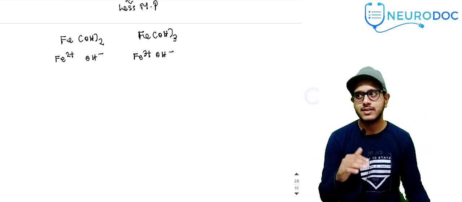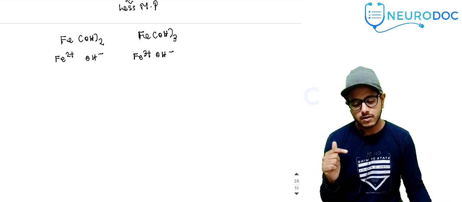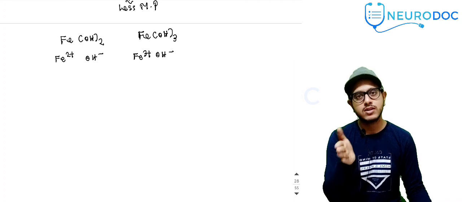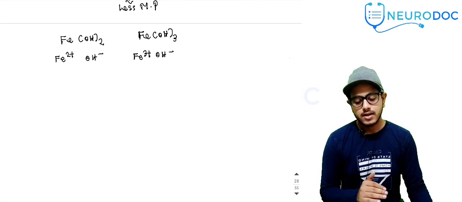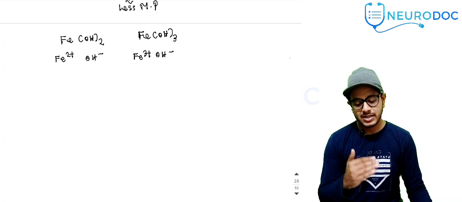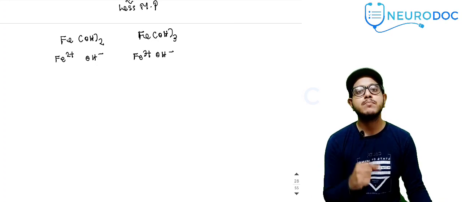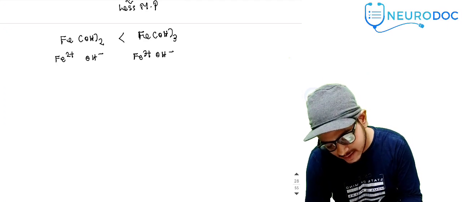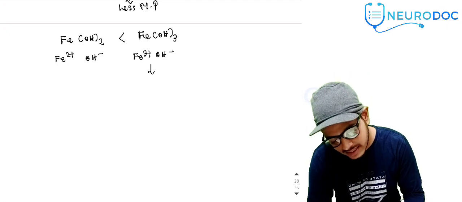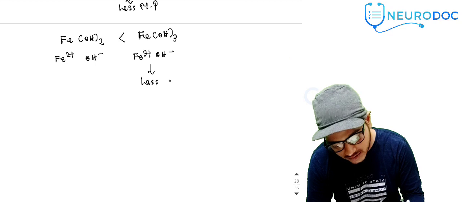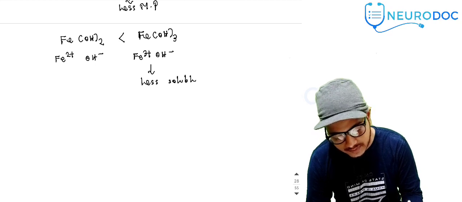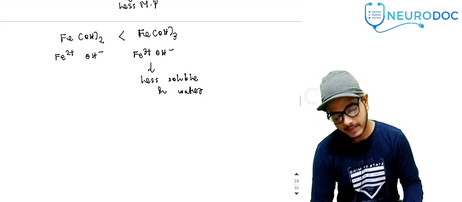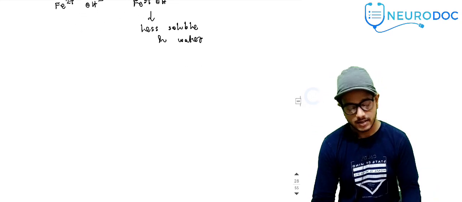We will see in periodicity chapter. For the time being, you just remember Fe3+ has smaller size than Fe2+. Also the charge is more. So less size, more charge, so polarizing power is more, so the covalent character is more. So as this has more covalent character, this is less soluble in water. Clear up to this? Right.